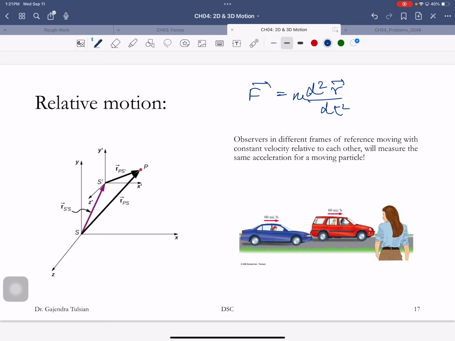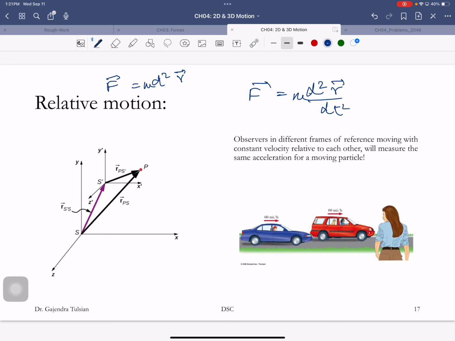Now we'll do the same experiment. We'll do all kinds of experiments, except that this room is moving at constant velocity. And what we find is that the laws of physics are exactly the same.